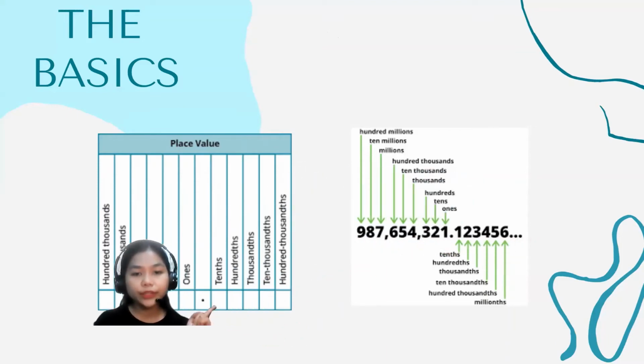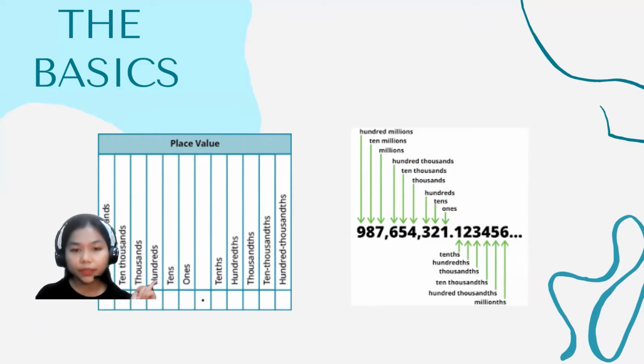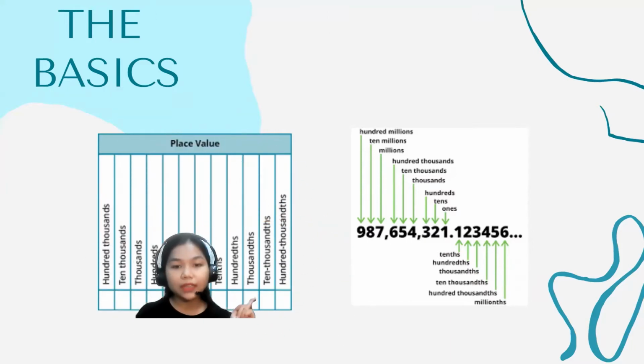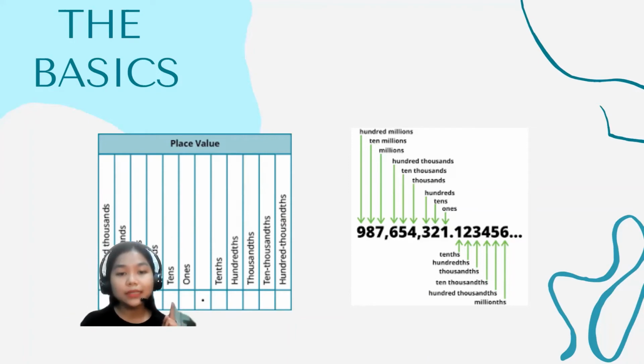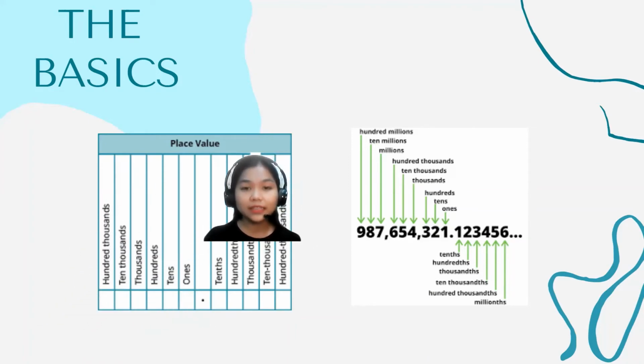So this is, of course, your decimal point. All of these values here are whole numbers. And this one refers to the different decimal values. So we have here, starting with the ones, tens, hundreds, thousands, 10,000s, and 100,000s, and so on and so forth. You could reach up until trillion.